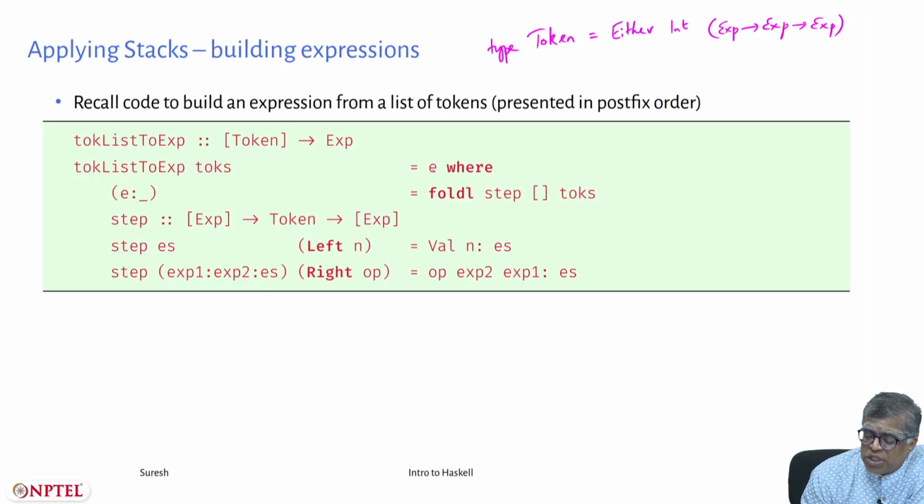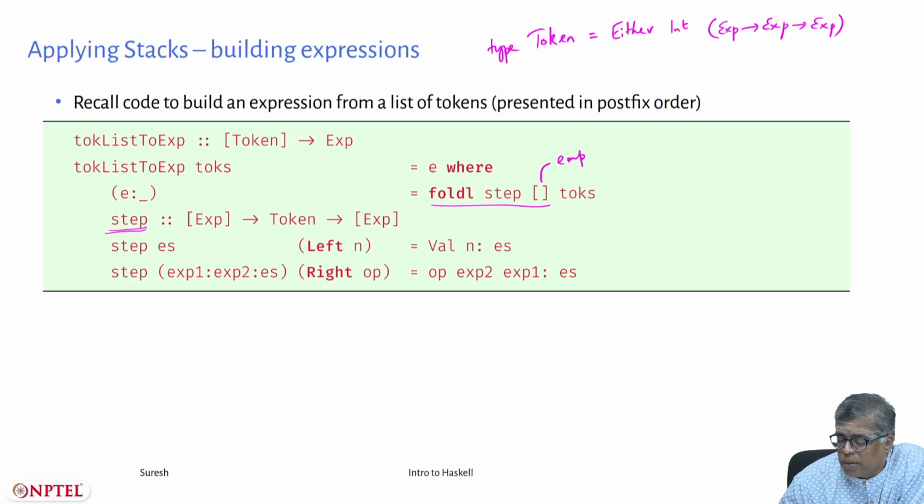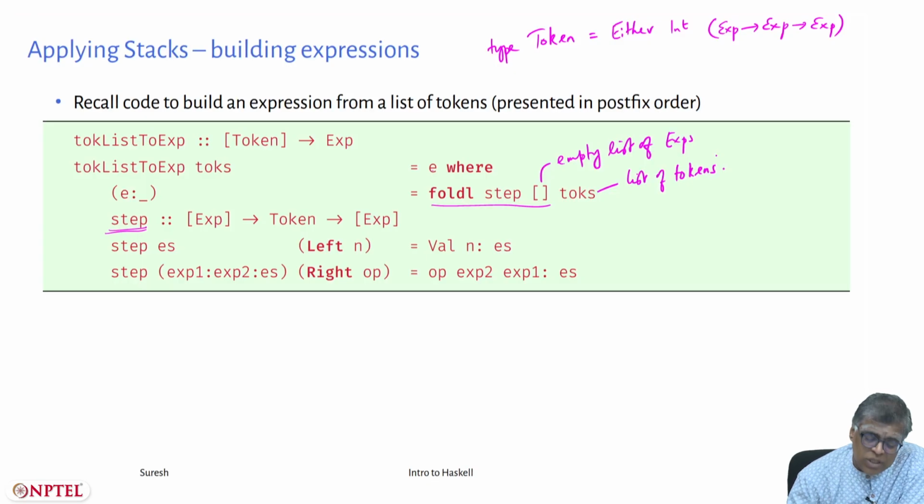So, the expression is just E, where your step is a function that you use. Step takes a list of expressions and a token and produces a new list of expressions, and you use foldl step with the empty list. Okay. This is the empty list of expressions. This is a list of tokens. What does step do?